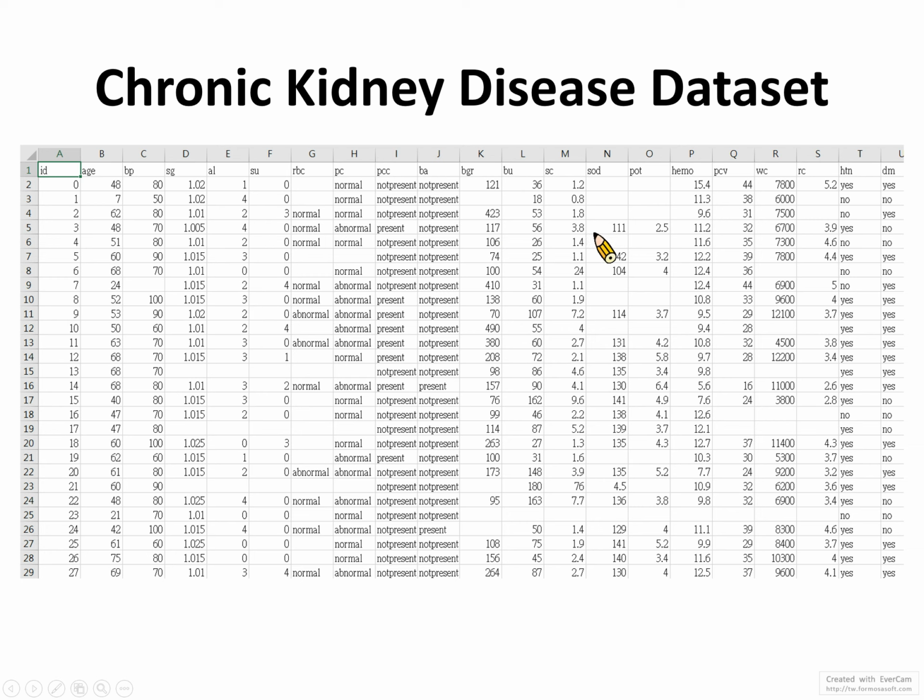For example, there is a demographic profile such as age, and also blood pressure, blood urea level, serum creatinine, blood sugar, and also white blood cell count or hemoglobin, and also the history of hypertension or history of diabetes, etc. So there are many variables here.